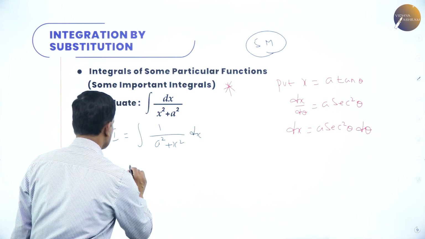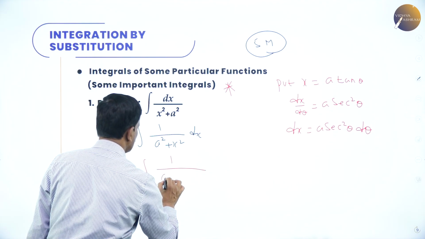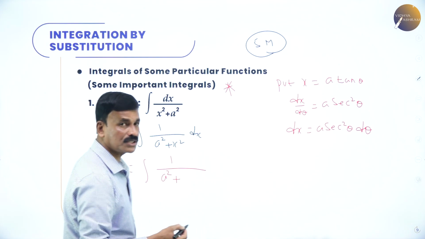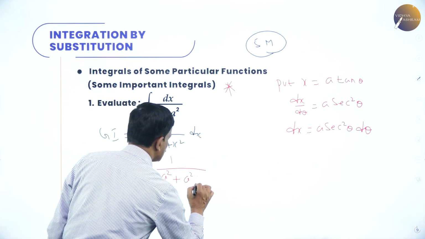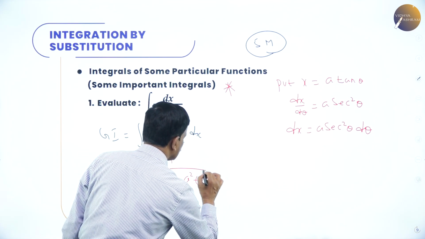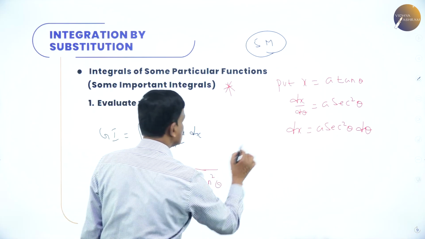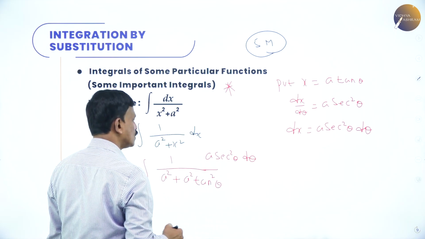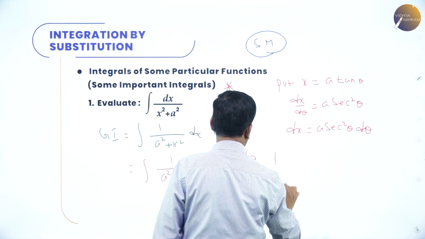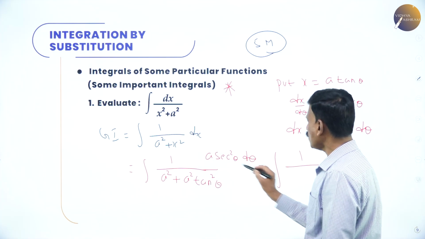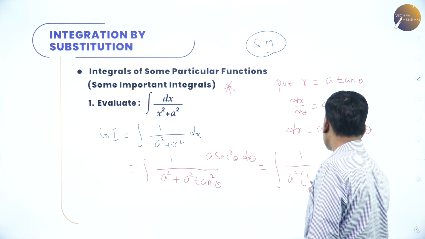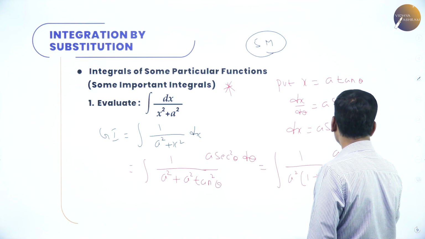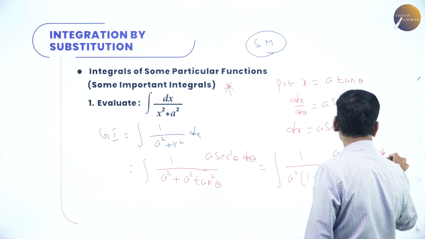Now substitute here. The given integral becomes 1 over a square as it is. What is x? x is equal to a tan theta. x square can be written as a square tan square theta, into what is dx? dx is equal to a secant square theta d theta. Now this integral becomes 1 over a square into 1 plus tan square theta, into a secant square theta d theta.